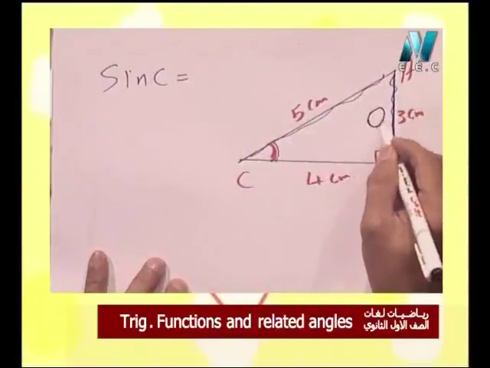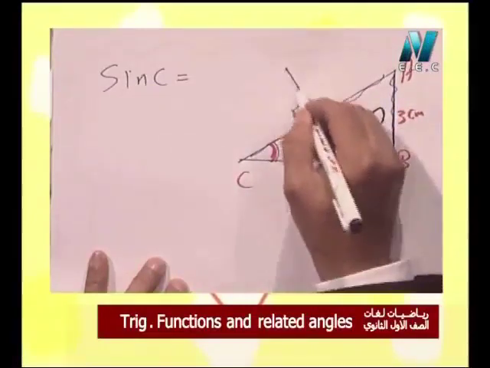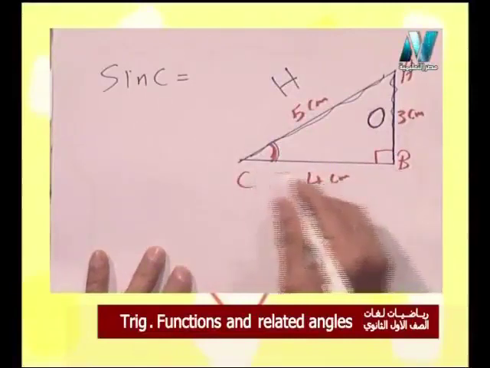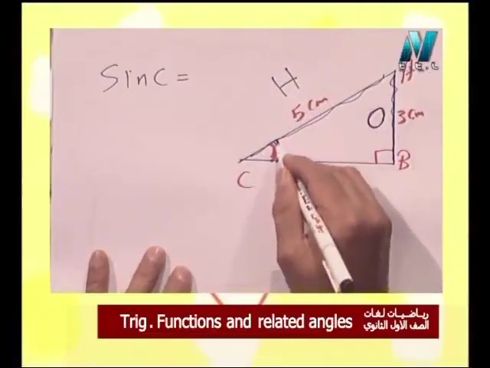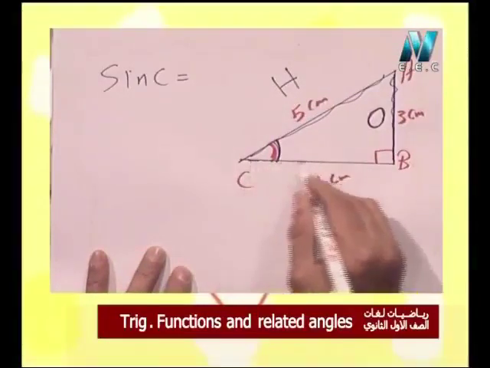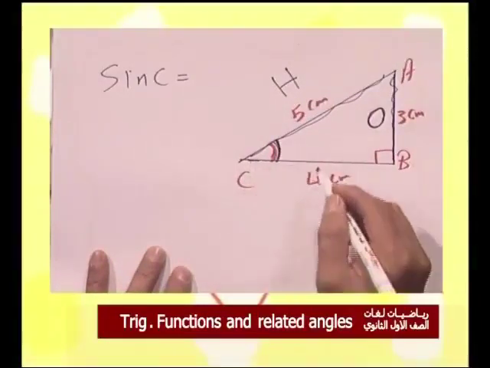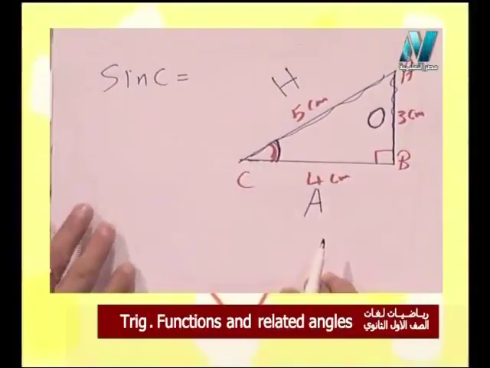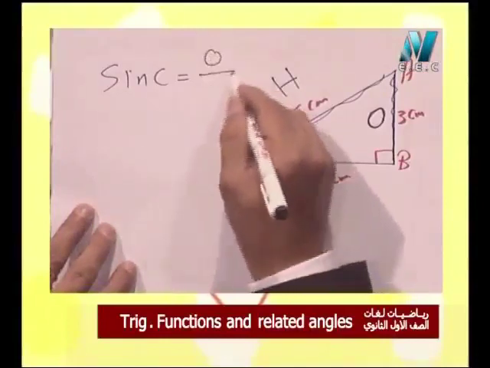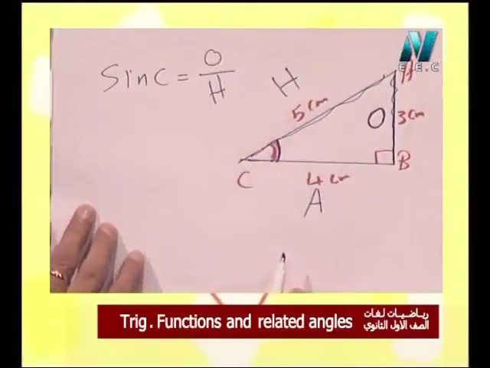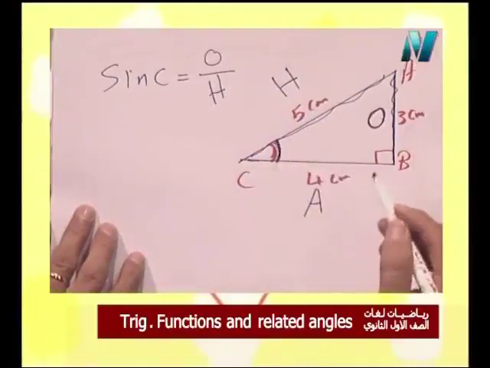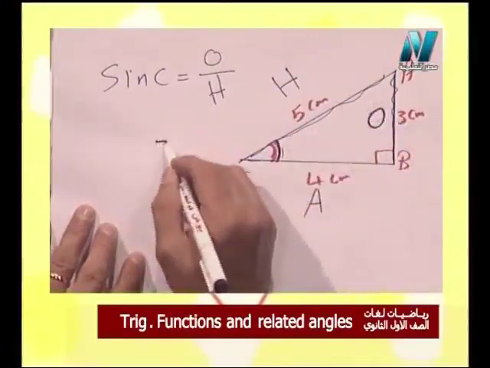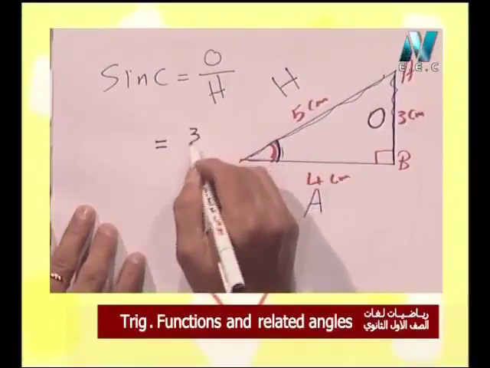Opposite we can say O, and hypotenuse we symbolize by H, and the adjacent side, meaning the side neighboring the angle C, we call A. So sine C equals O over H, which means the opposite of the angle C over H, the hypotenuse. So it equals 3 over 5.